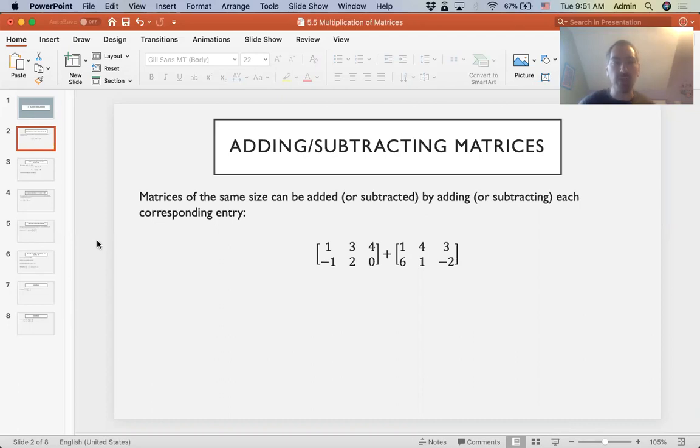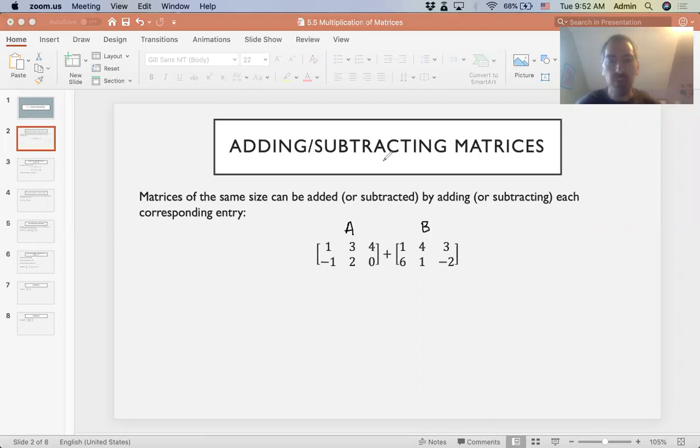Now, we do have the requirement that the two matrices must be the same size. So when we talk about the size of a matrix, we're counting the number of rows and the number of columns. So in this example, we're adding two matrices. You can call this matrix A and matrix B. Matrix A, we count the number of rows.